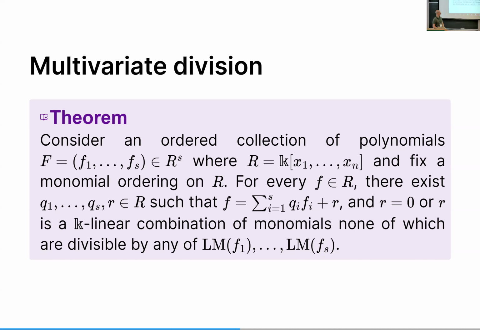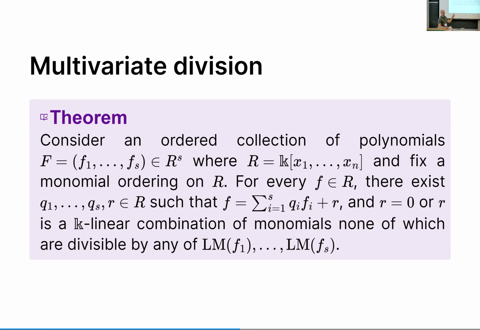And I fix a monomial order. Now if you give me any polynomial f, I can divide by the tuple, which means I can find some quotients q1 through qs, some other polynomials, and I can write f as a sum of these qi times fi, but there might still be a remainder. What do we ask of this remainder?